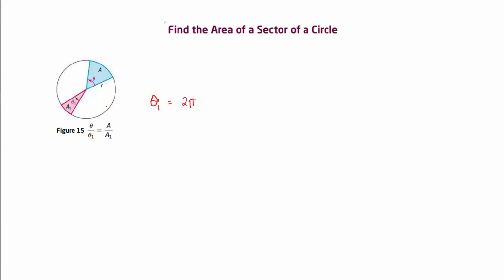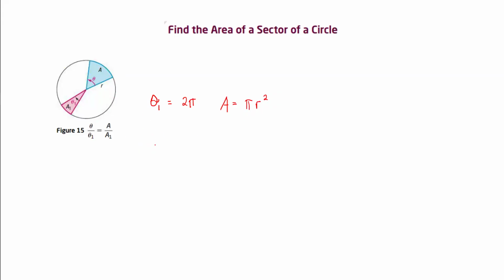That means it's the full circle. And we know a formula for the area of a circle. If you remember from a geometry class, or if you don't, here it is. The area of a circle is pi r squared. Okay, so that allows us to plug that in.